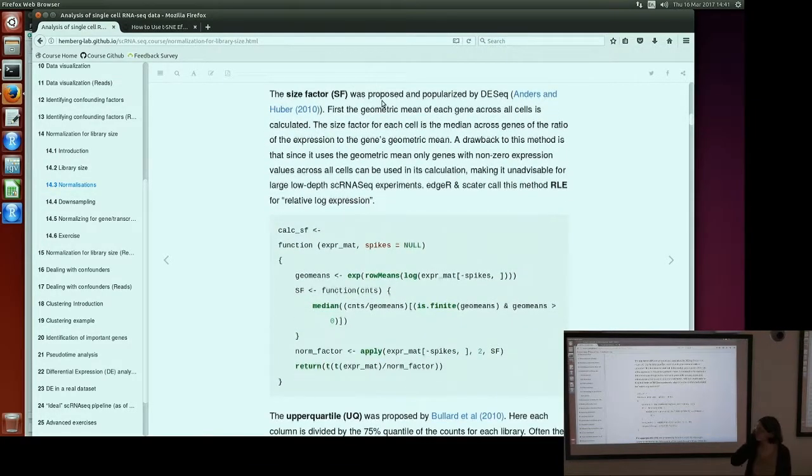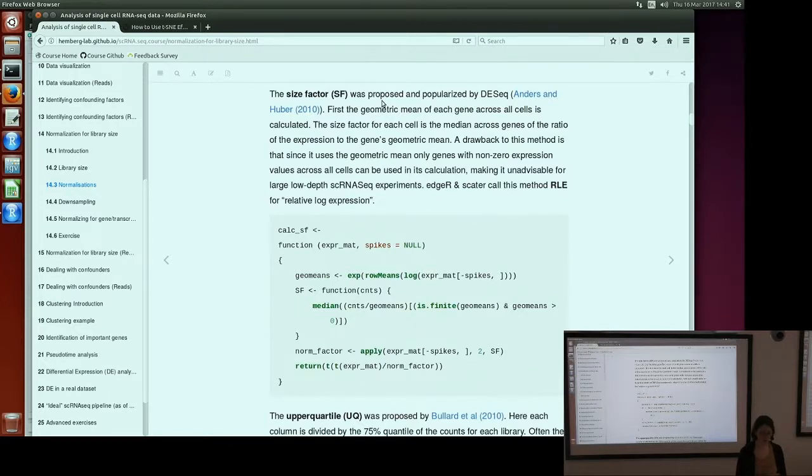So one of the most popular ones is size factors, which is from DESeq, which essentially uses the geometric mean of the expression of each gene across all cells, and then uses the median value of the ratio of the gene expression in a particular cell to this geometric mean to estimate the size factor.